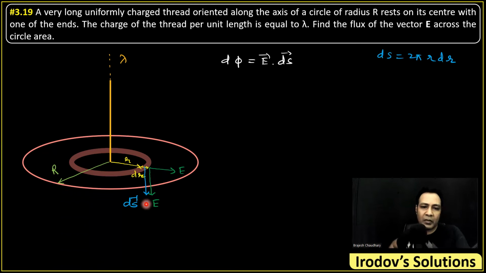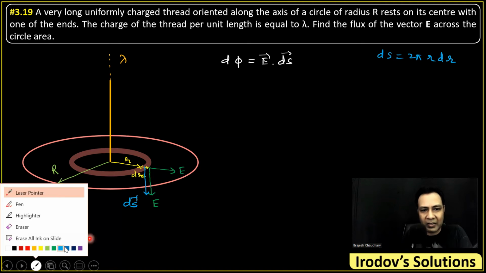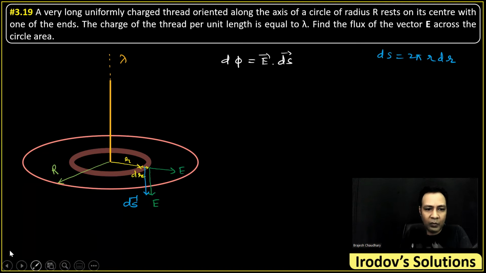More directly speaking, flux is because of the field lines crossing through the surface. This E vector is not crossing through the surface, so because of this E there is no flux, and because of this E the flux is E into dS, because this E is parallel to dS. So I will simply write this is equal to E dS.